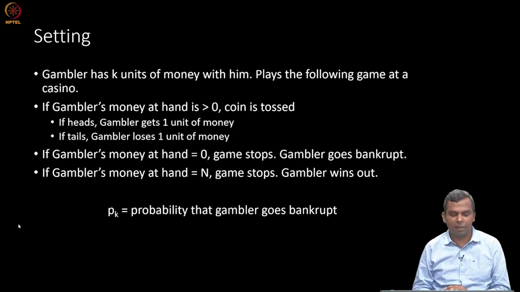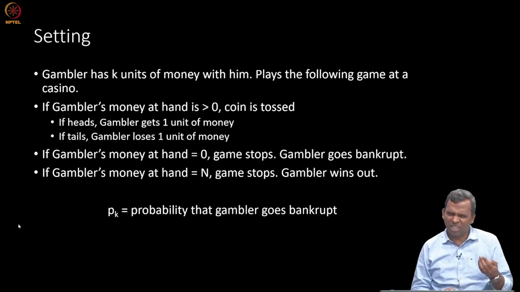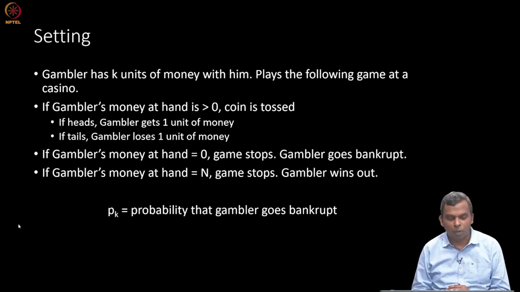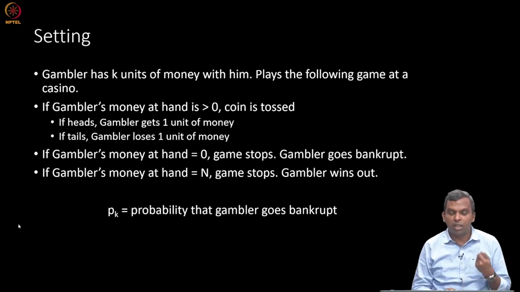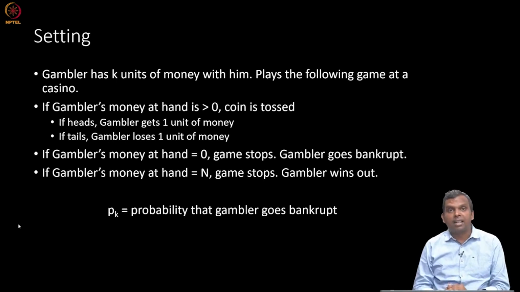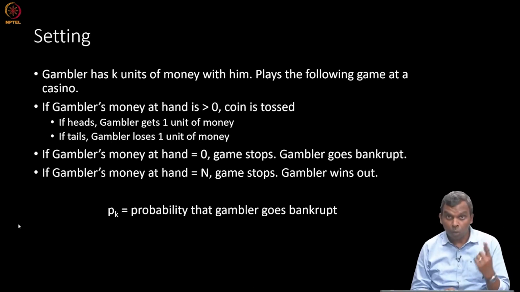So this is a game which is very simple in some sense, but it's very illustrative of what can happen. Okay, so the gambler, if he has any units of money in his hand at all, is going to play this game, which is to toss a coin. So the game involves tossing of a coin, and if the coin lands so that you see heads on top, then the gambler gets 1 unit of money.